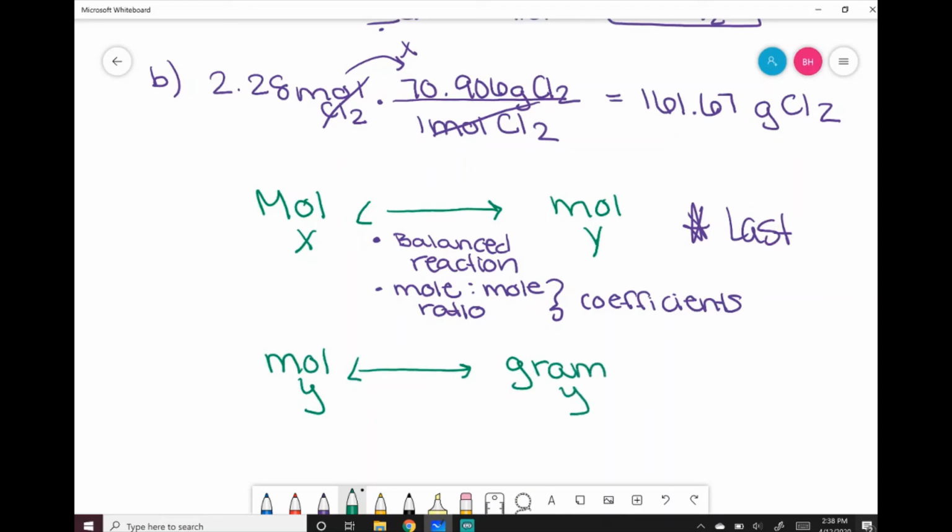And this is going to be, we're going to use the molar mass of Y. And when we do that, we're going to have some number of grams of Y based off of our chemical reaction. I'm going to put Y in quotes so you guys can see the difference between the G and the Y. And that's going to equal 1 mole of Y. So we can use those conversion factors.